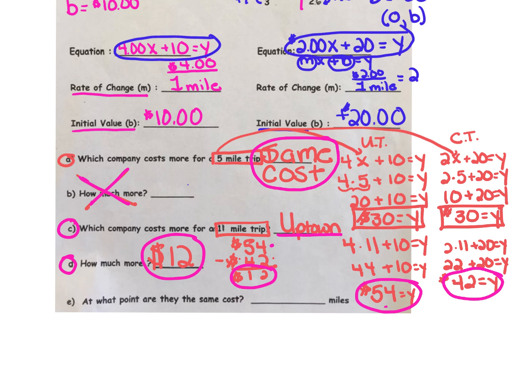And our final question, at what point are they the same cost? Well, we know it's at the $5 mark, or the 5-mile mark. We're going to graph each equation on the next page to demonstrate that. This concludes this page.